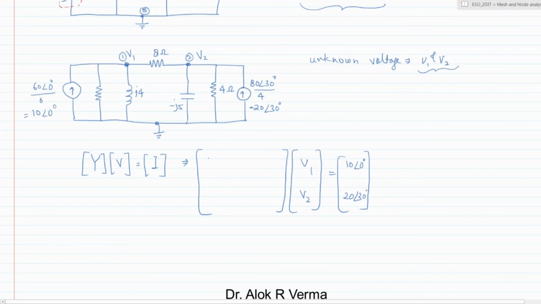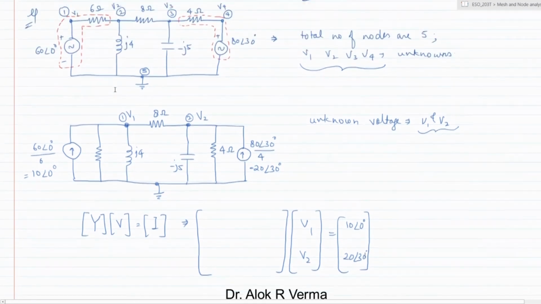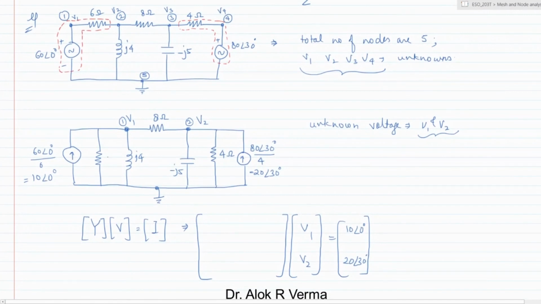Now this is the total admittance connected to node 1. So this can be 1 by, we can just look at the circuit. This is 6 ohm, correct?